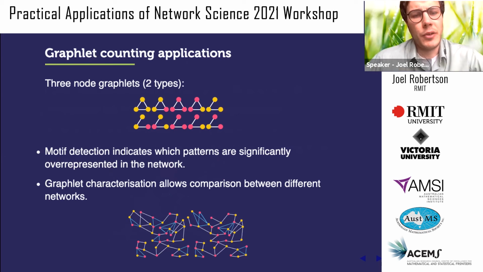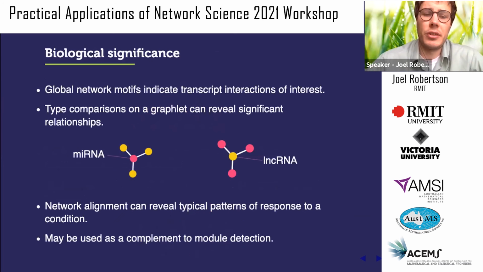One way we can do that is looking at motifs, which is comparing the graphlet profile of our real network to a set of randomized similar networks using a null model, and determining which graphlets are significantly overrepresented or underrepresented. We can also compare two different real networks and look at how their graphlet profiles differ, and that is quite relevant in a biological sense.